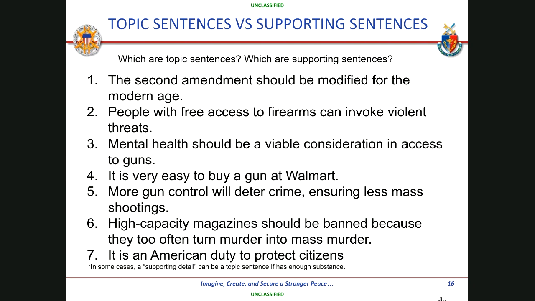It could be either, and it is a generalized statement, and it is a supporting sentence that it is the state duty to protect its citizens.